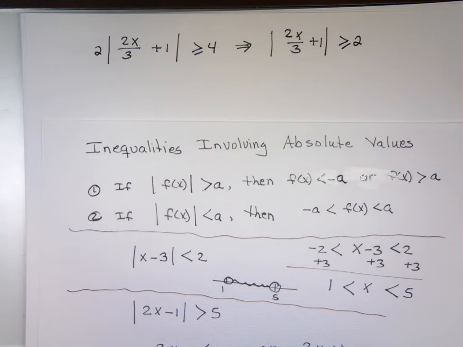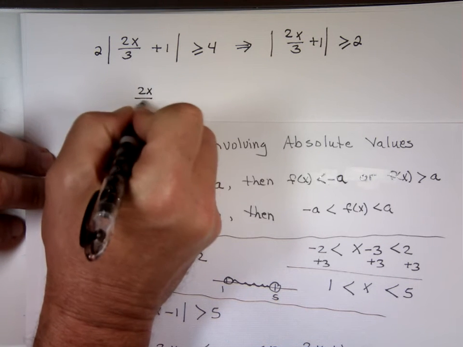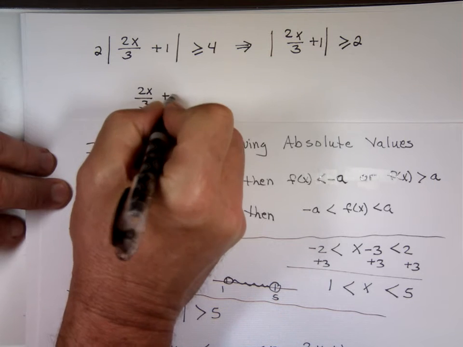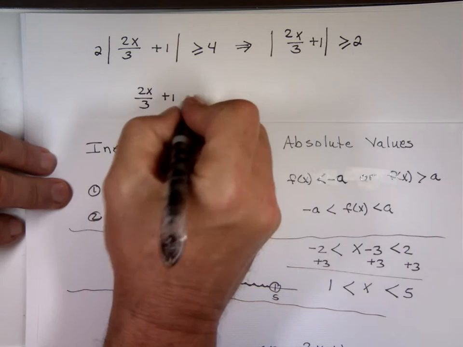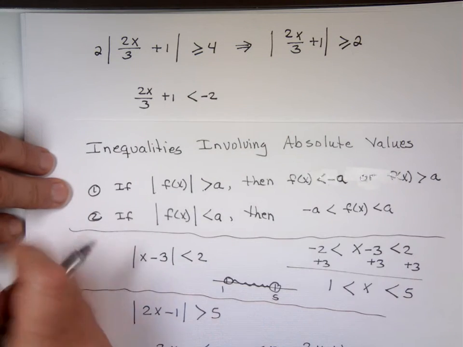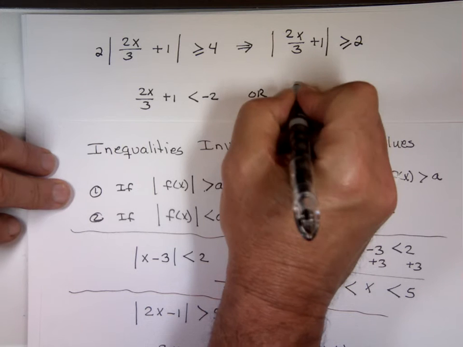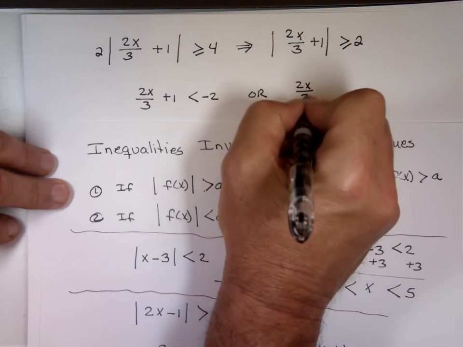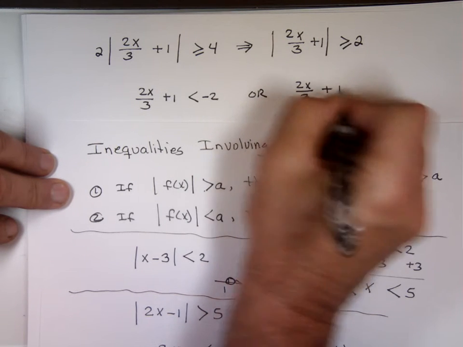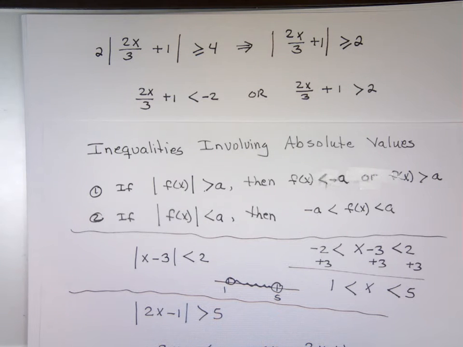I should be able to write that as 2x over 3 plus 1 less than negative 2, the opposite of that number, or 2x over 3 plus 1 greater than what? The 2. We bring the equal signs down, right?